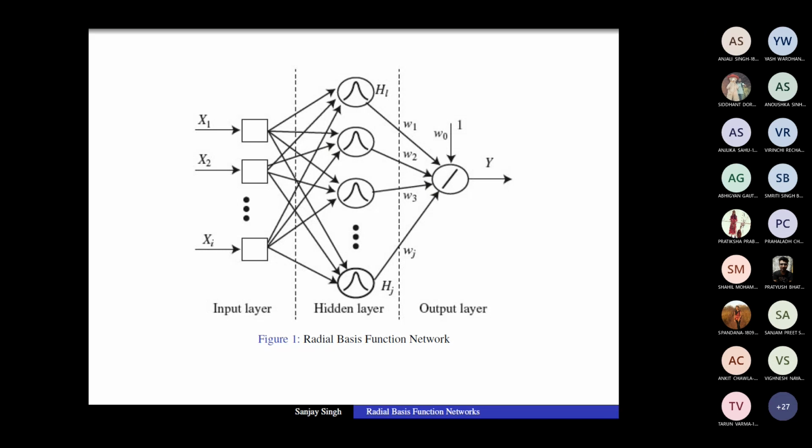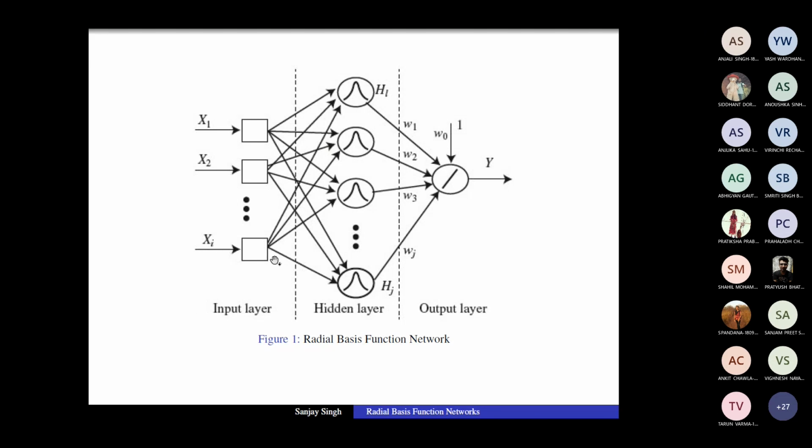But apart from that, there is one clear advantage of RBFN over MLP: the structure is very simple. In case of MLP, you can have multi-layer networks and each layer will have multiple neurons. But a RBFN is always a three-layer structure. If you exclude the input layer, then it's always only a two-layer structure.